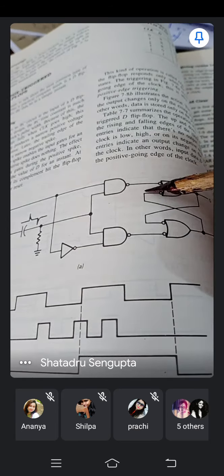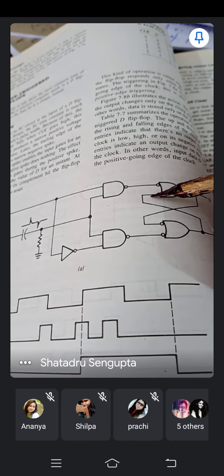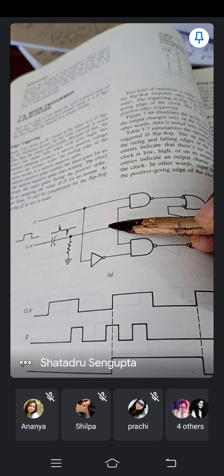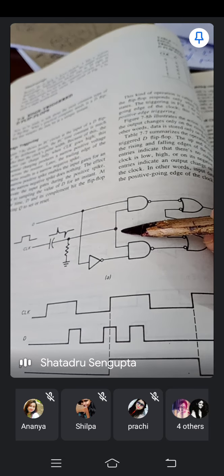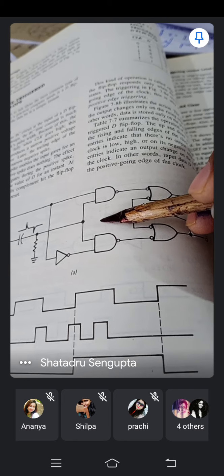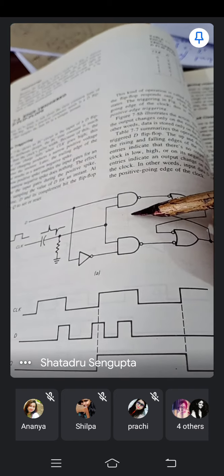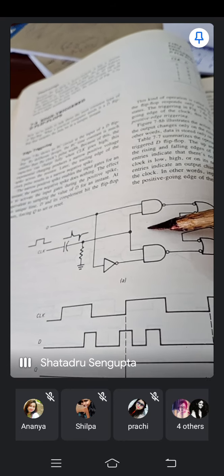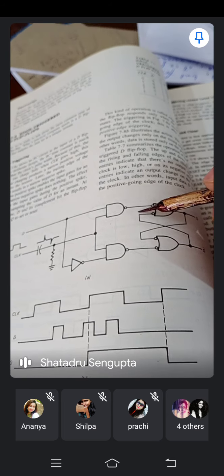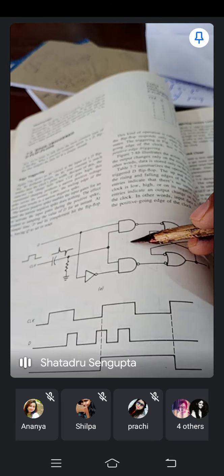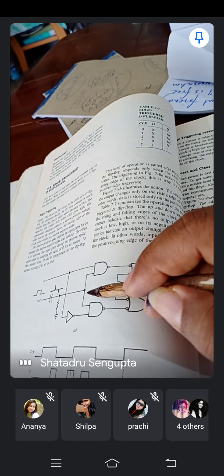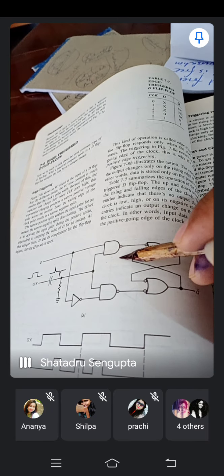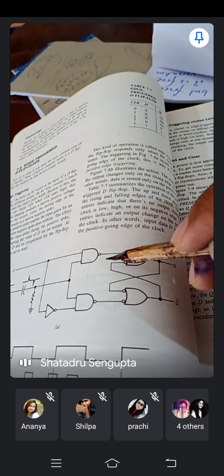And this edge here, rather than the level, will keep the data flip-flop enabled for a small amount of time. So that you can get the data, then you can shut down the flip-flop, and when you want it, you can get the data, providing it to the edge, the positive edge of the clock. So for the little amount of time, the data will be enabled. So it won't stay transparent for a long time.